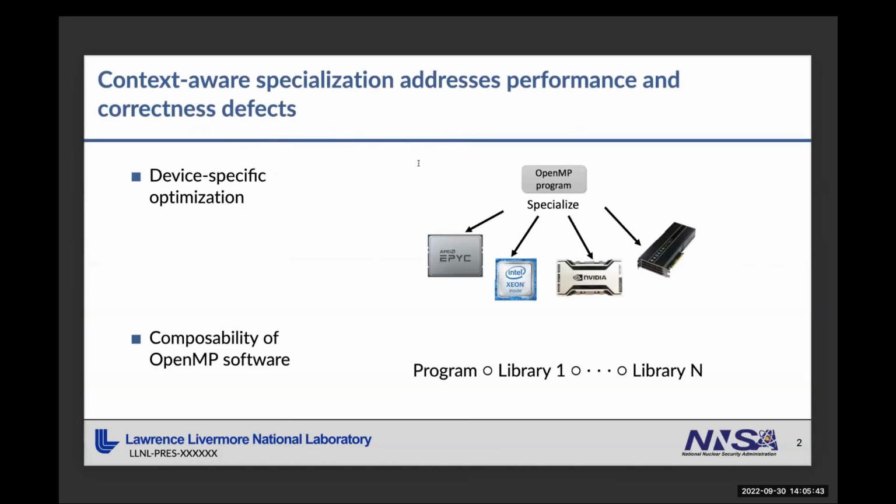So we've done a lot of work in OpenMP specifically around addressing different performance and correctness and so on issues that you might have in functions. It's really, really important to be able to select versions of functions or versions of directives or versions of different things depending on what you have for all kinds of fun reasons.